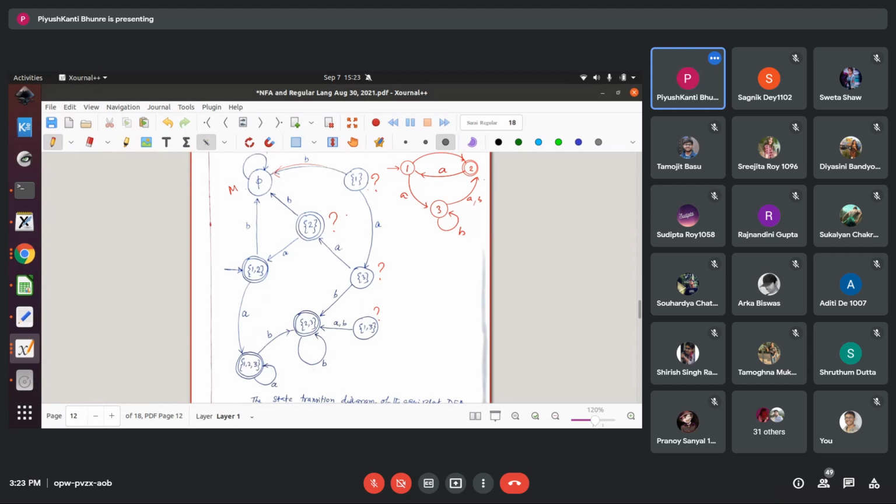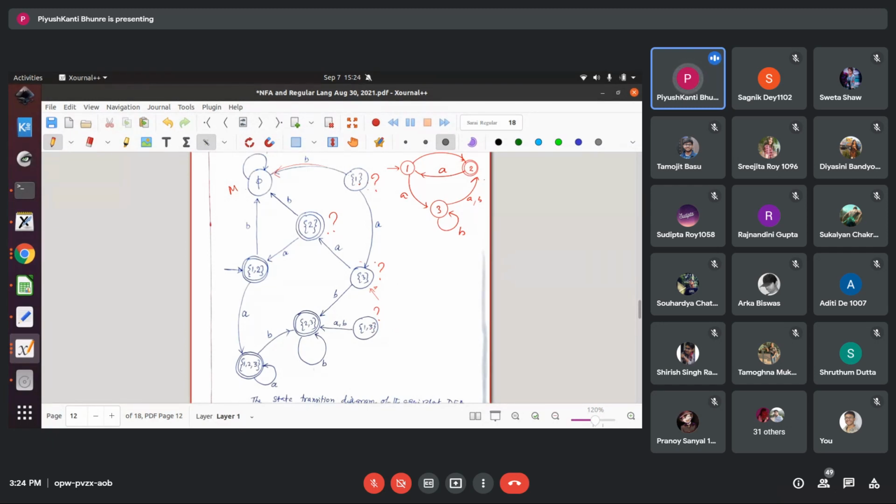We can remove it. Similarly, there is no path from the starting state to state 3, because there is an incoming path from state 1 to 3, but there is no path from the starting state to state 1. So that means this particular state is also not reachable. Similarly, from 3 to 2 there is an edge going, but there is no other edge coming. So state 2 is also not reachable, and also 1 3 is not reachable.